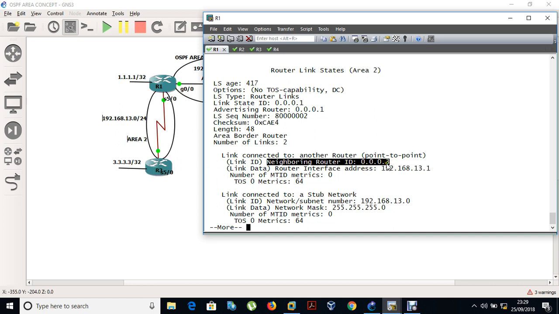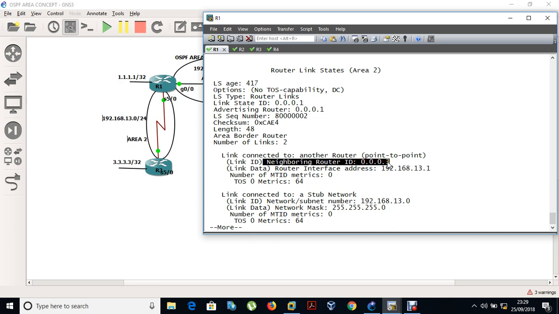Since this is a point-to-point network type, instead of the DR it has two LSA type 1 entries. One verifies the neighbor ID and the neighboring router.